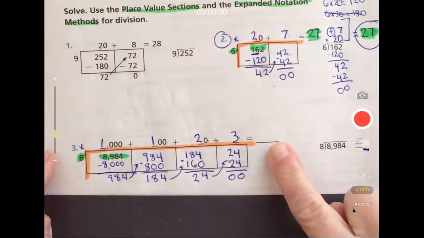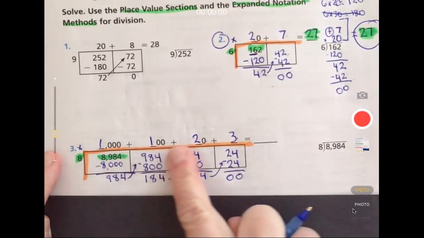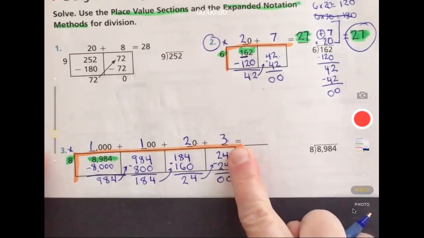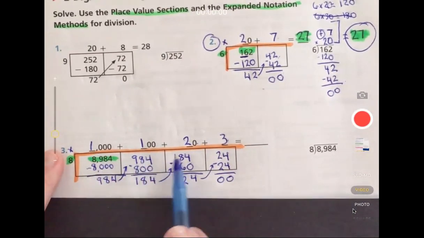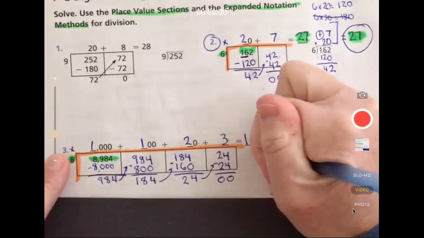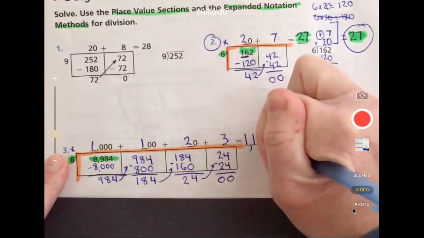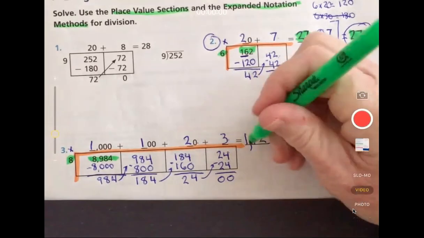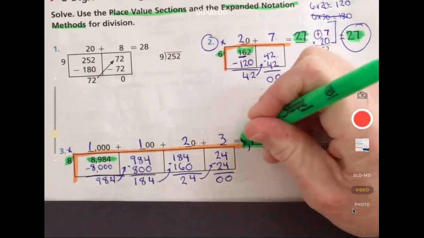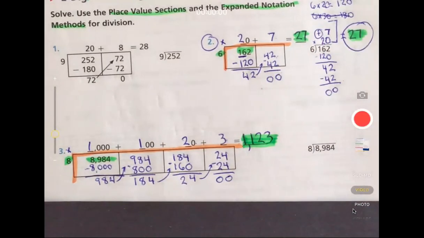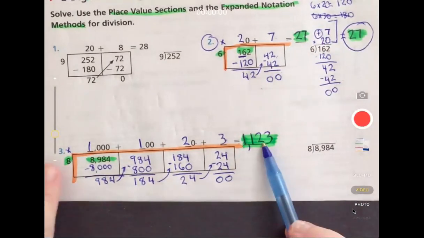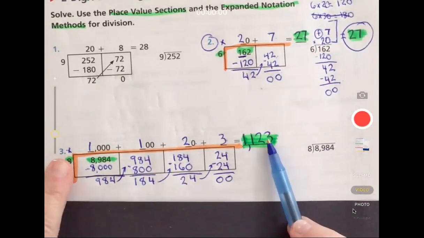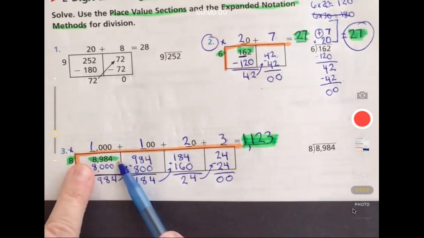Okay, now to find that factor, we add all 4 places up. Hopefully you can just see each place really easily. 1,123. This is our missing factor. And again, to check, I would multiply my 2 factors and I should get this quotient.